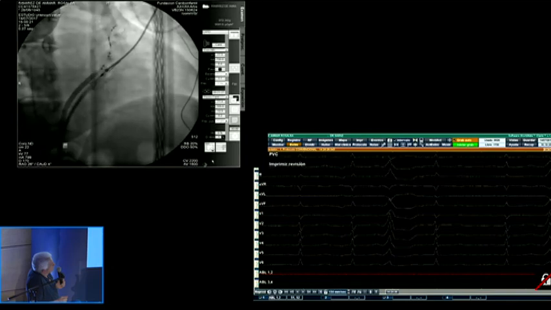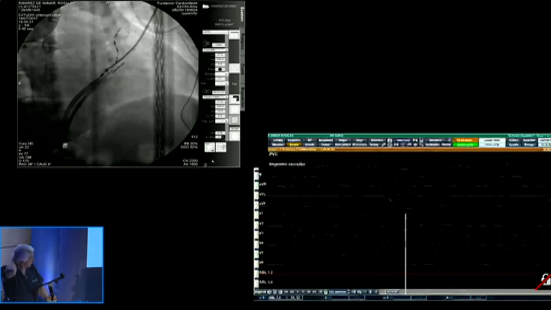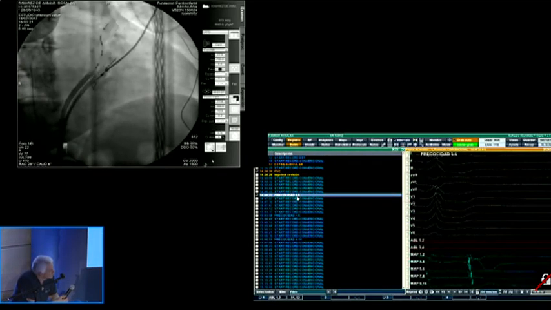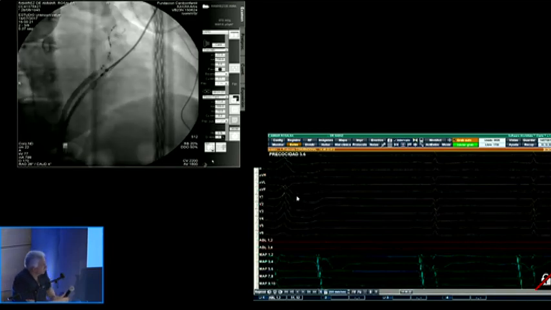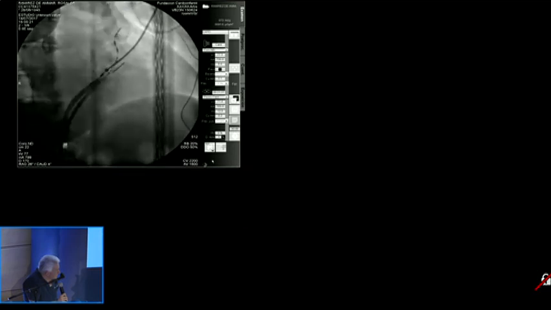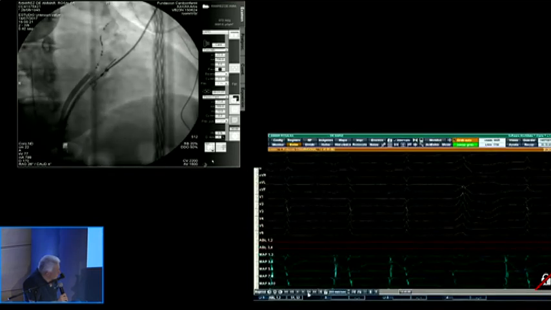Please show us the first activation of the coronary sinus, Diego. And here you're going to see that it is very similar to the activation that was just shown by Carlos. Stop it there, please.